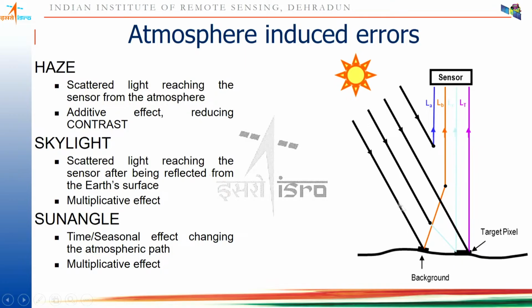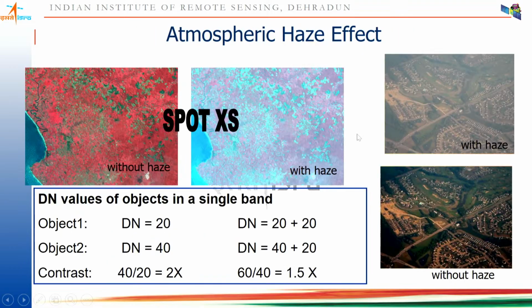The light is scattered from the atmosphere, and also after hitting the ground it is scattered and then reaches the sensor. Light from the neighboring pixel also goes into the field of view of the sensor. So it's basically a complex process in which the DN value is recorded. These are the different atmospheric errors introduced in the imagery.